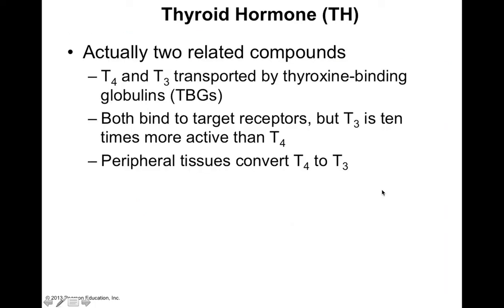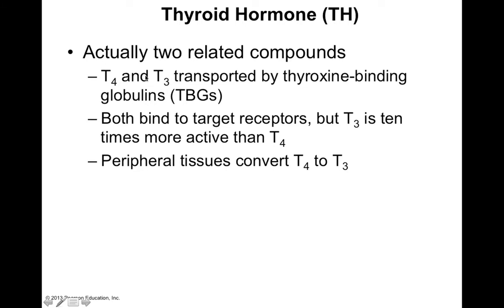Now with thyroid hormone, there are actually two different types of the hormone. We'll have T4 and T3. T4 is tetraiodothyronine, and T3 is triiodothyronine. The difference between these hormones is that T4 has 4 iodine atoms attached, and T3 only has 3.